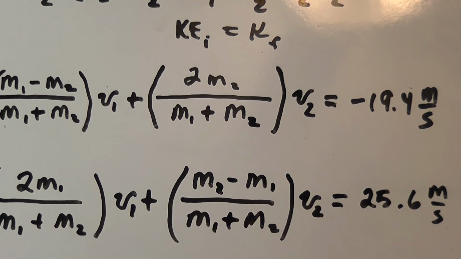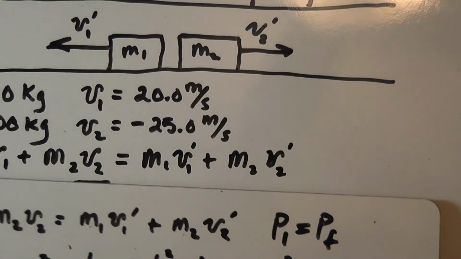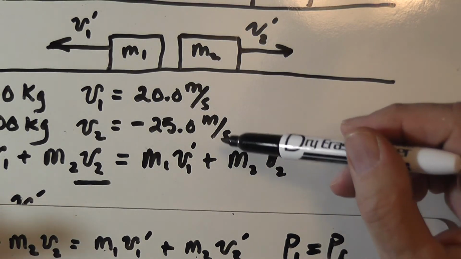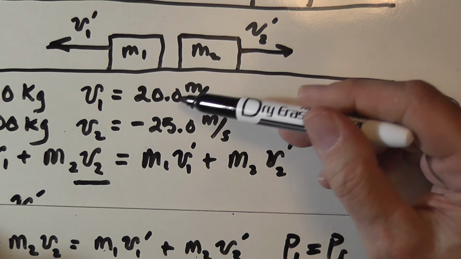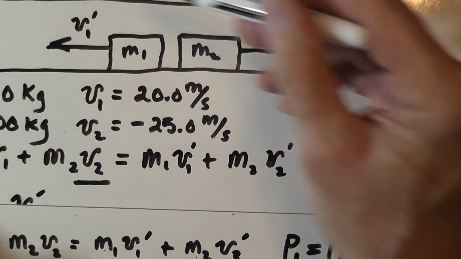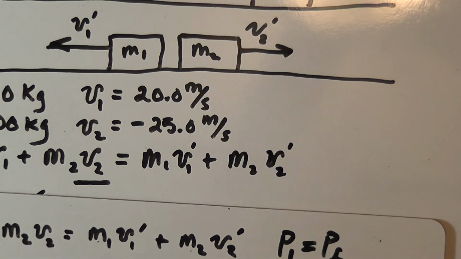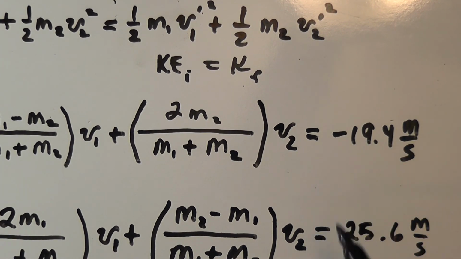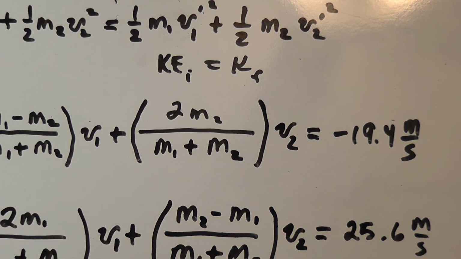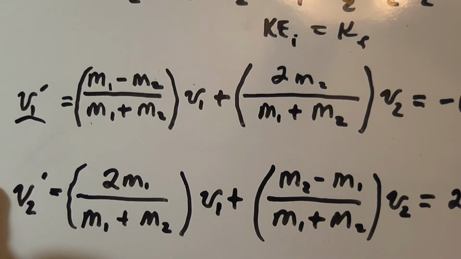Now, we have been given that our initial v1 was heading to the right, and v2 was heading to the left. And so our answer is exactly the opposite. Now v2 prime is heading towards the right after the collision, and v1 prime is heading to the left.